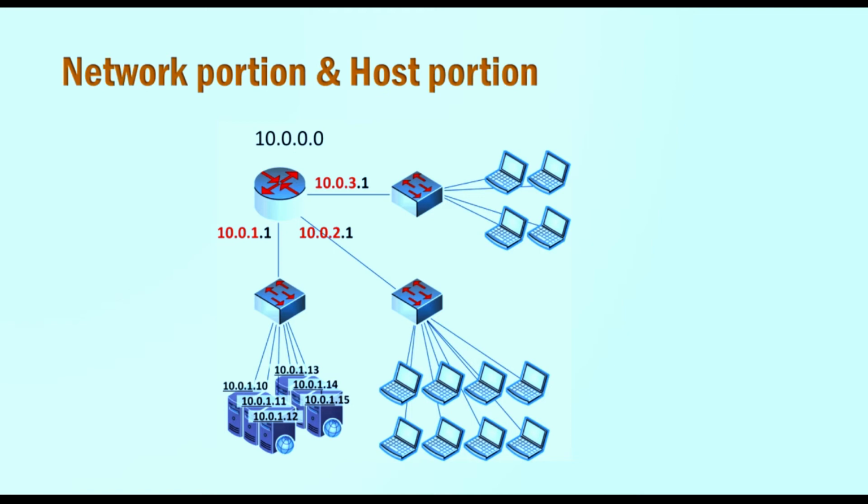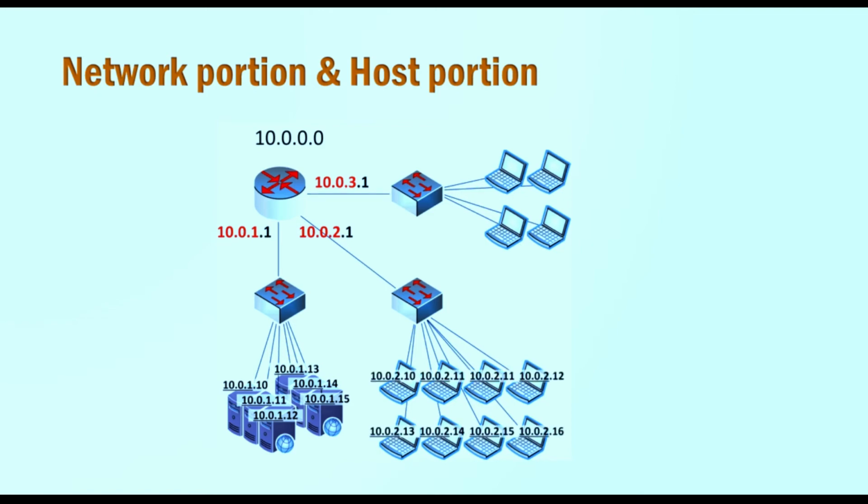The network portion of an IP address is going to be repeated through the entire network. For this LAN, it's 10.0.1, and the host part changes for each device. The first IP address was assigned to the gateway, and then we reserved, that's the term used in DHCP, or excluded the first 9 addresses from 1 to 9. And then we begin assigning addresses to end devices from 10 upwards.